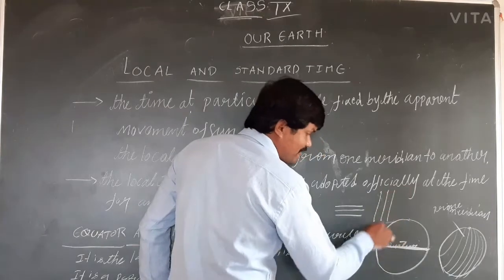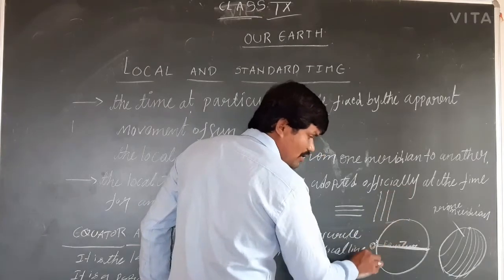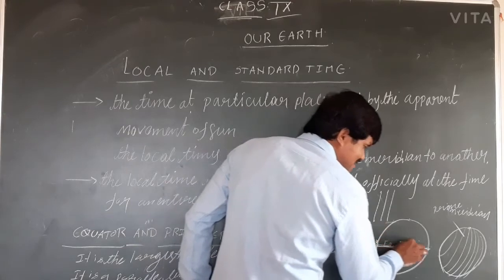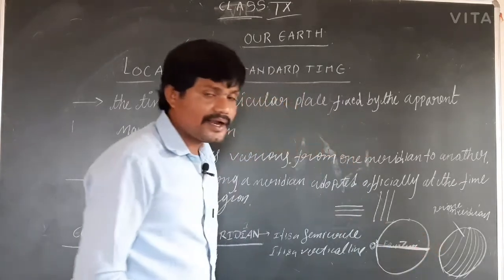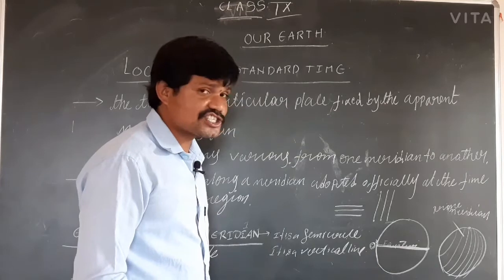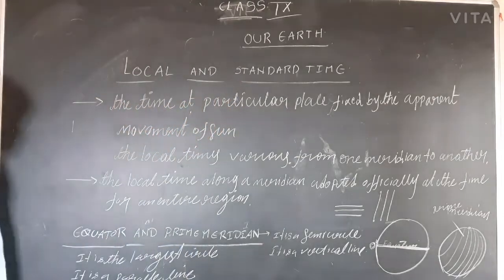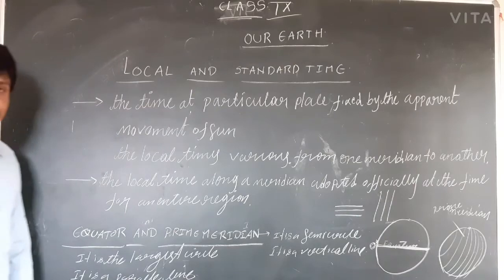So, our equator goes around the globe in a parallel direction. Second one is, what is called prime meridian?